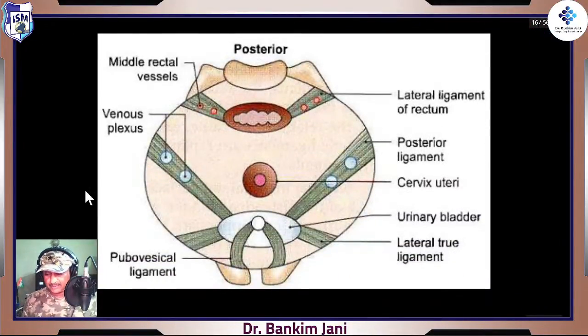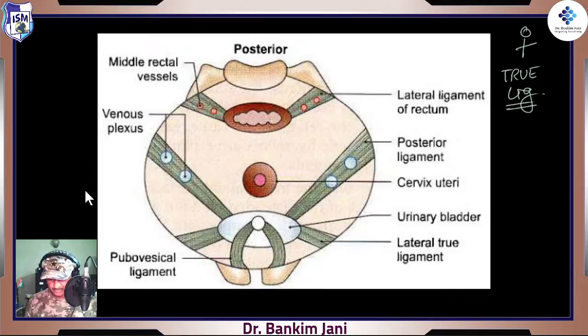Now these are the true ligaments. But watch it. Here it is cervix uteri. That means this is female, right? But in any case, we need to see those true ligaments. True ligaments means they are thickened fascia. First, see from the urinary bladder, because that's the topic for today.